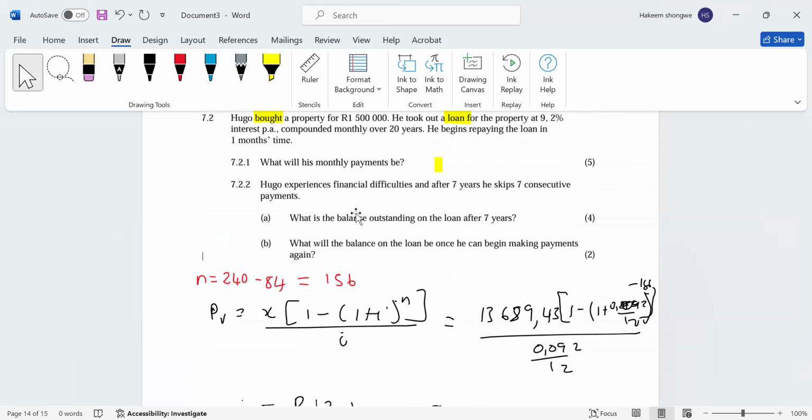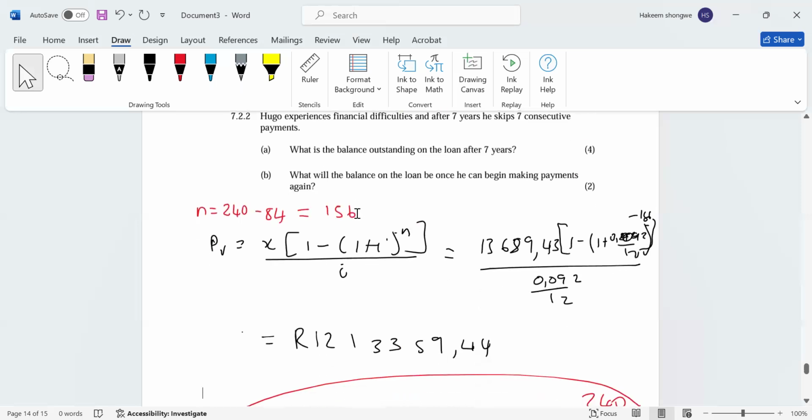The present value. No, that is 7.2.2 and something again. The answer is wrong, sir.